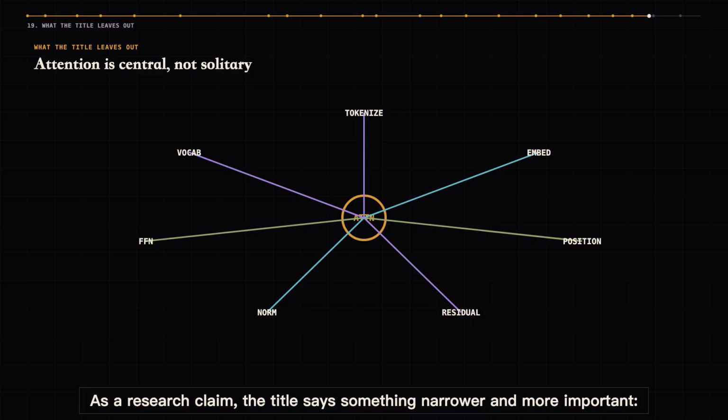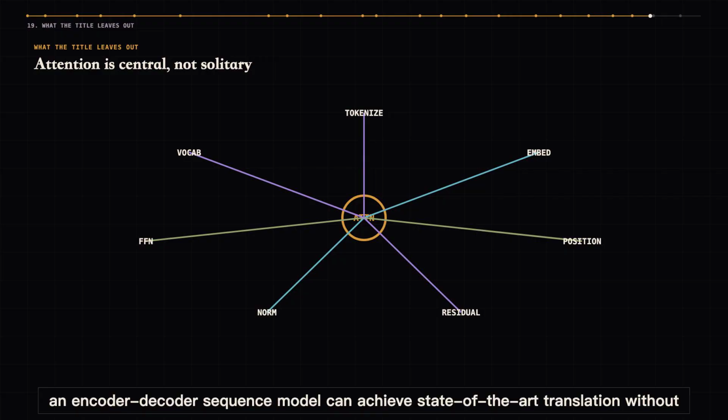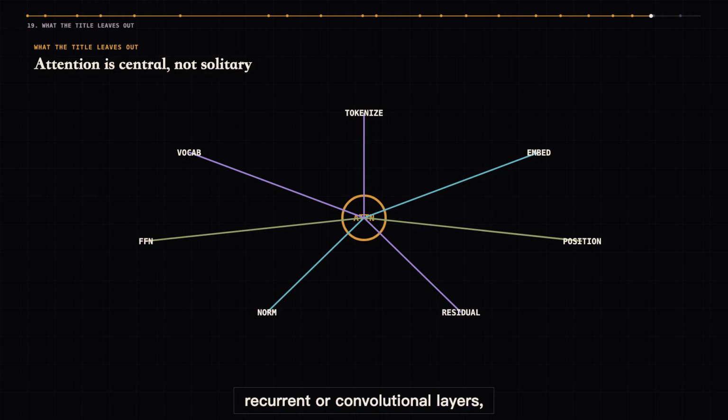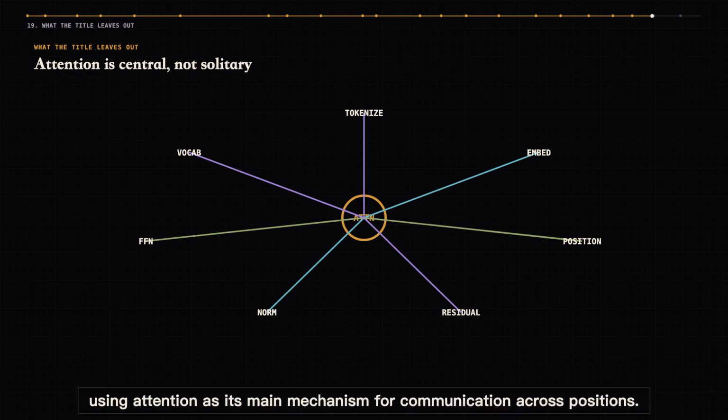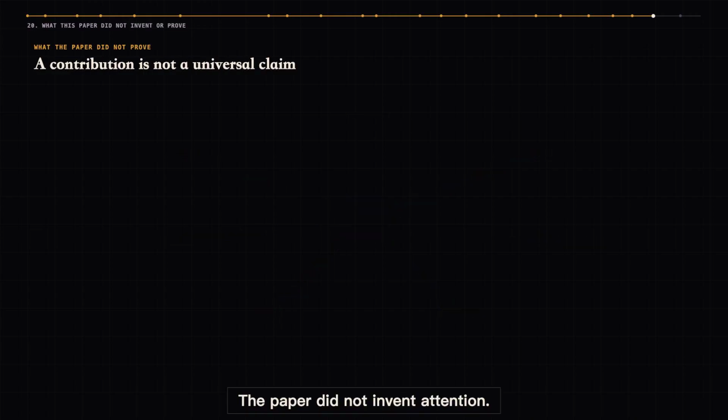As a research claim, the title says something narrower and more important. An encoder-decoder sequence model can achieve state-of-the-art translation without recurrent or convolutional layers, using attention as its main mechanism for communication across positions. The paper did not invent attention.